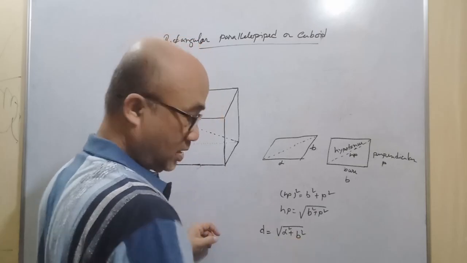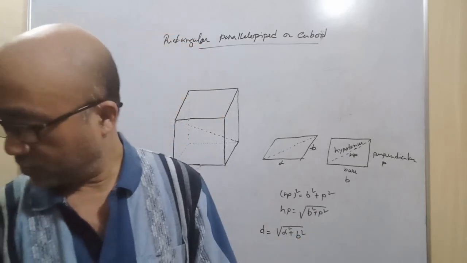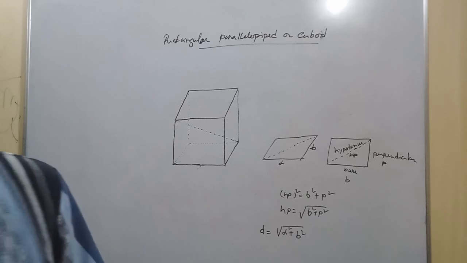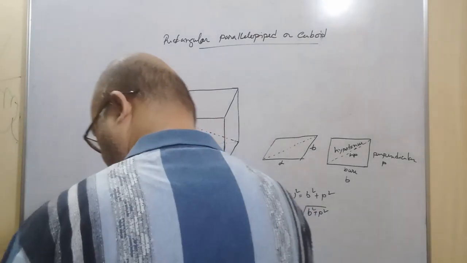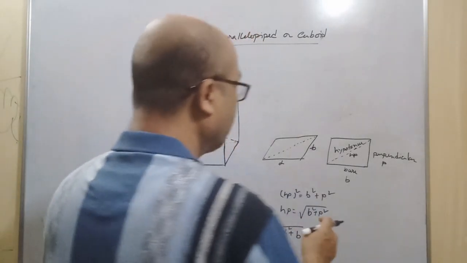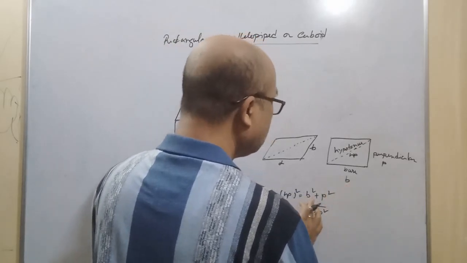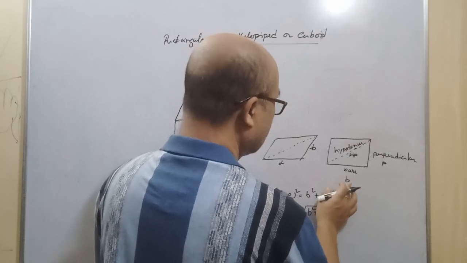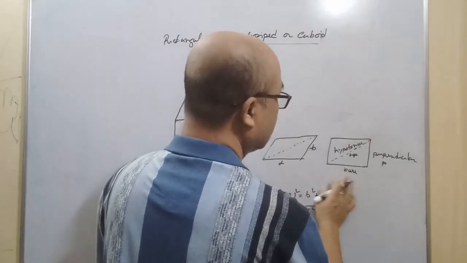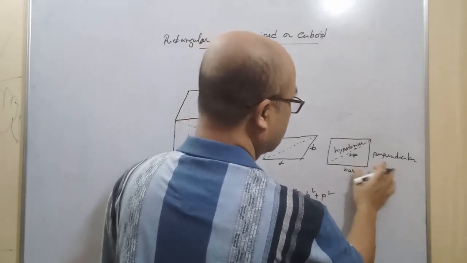B square. By the way, let me make some corrections, otherwise you may get confused a bit. Just a moment. Writing b is again not appropriate.